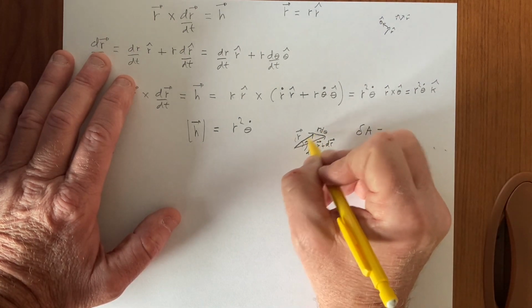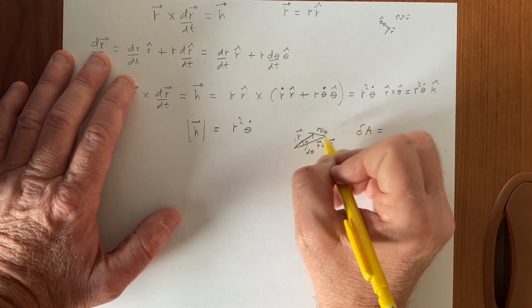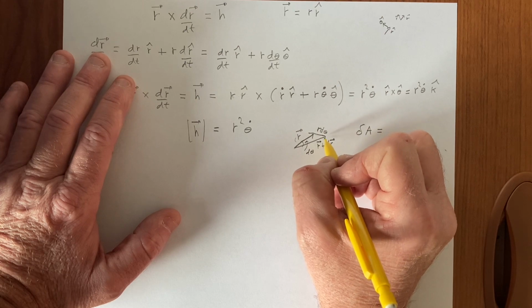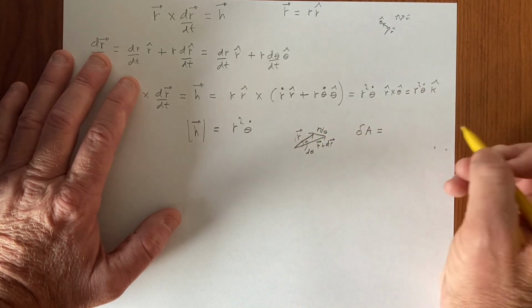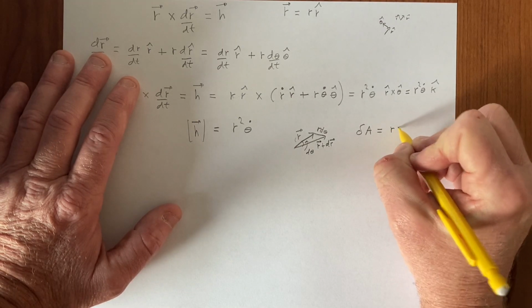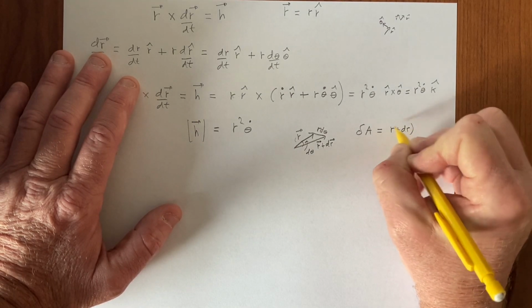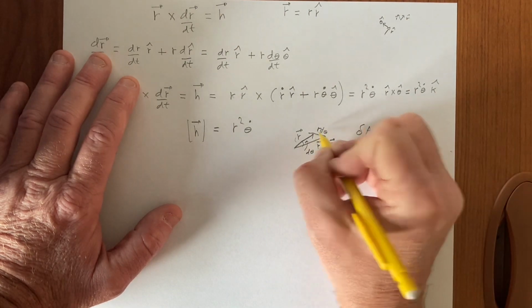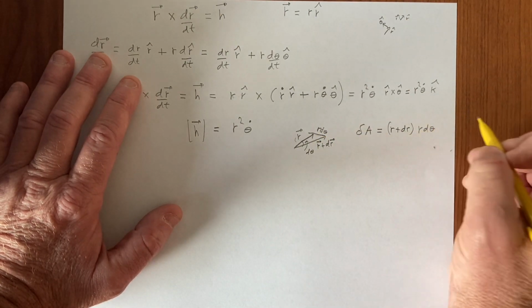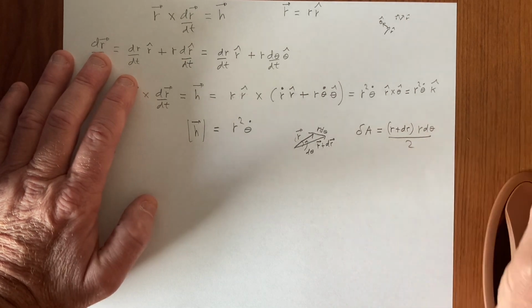It's kind of like a triangle. One side times that side divided by 2, and so we have something like this: r plus dr times this side r d theta, and we divide that by 2.